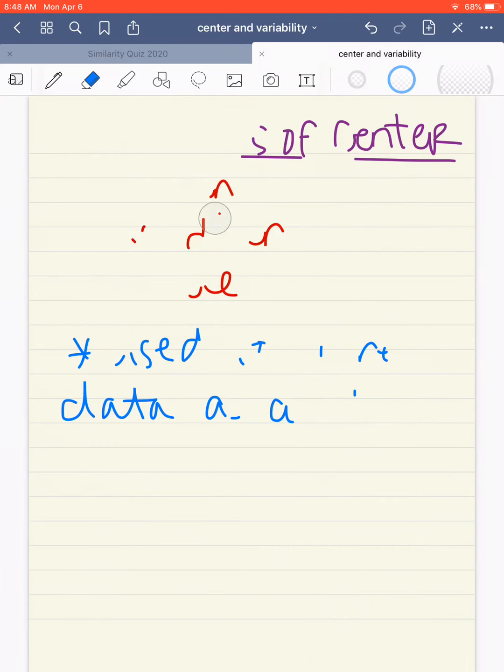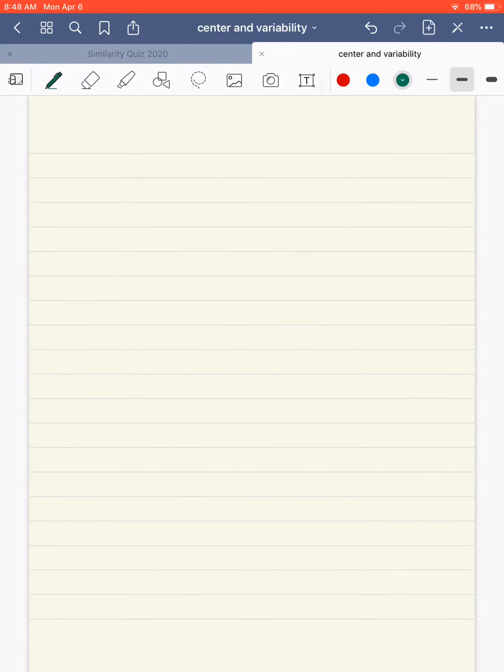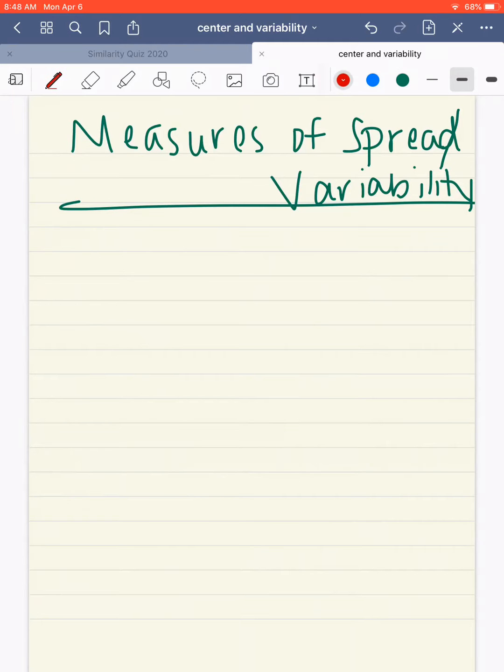Then we have measures of variability. Okay? So, our measures of variability or spread, we have three of them.